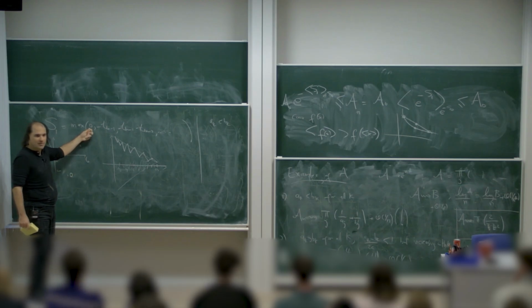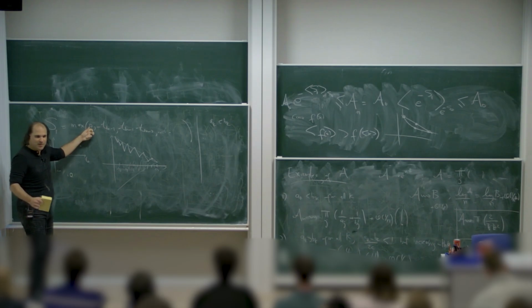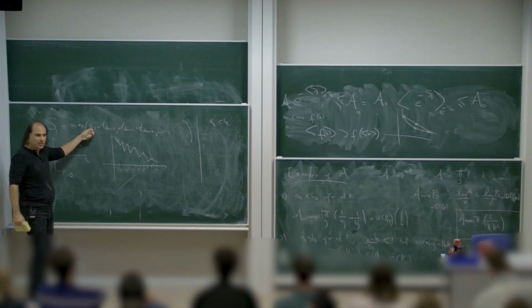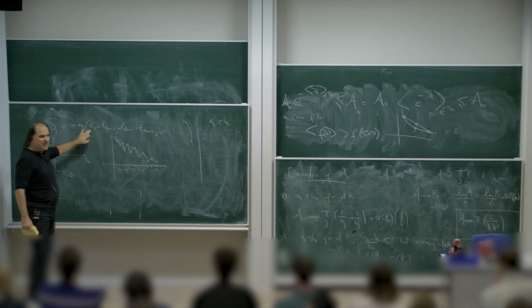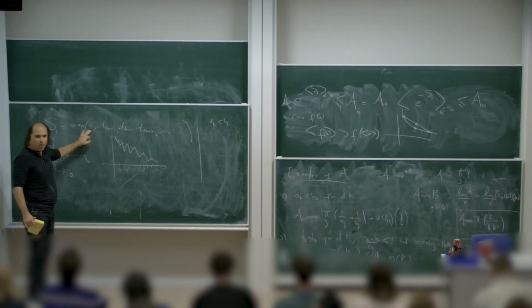This is why it matters whether AK is bigger or less than BK, because the sign of the drift of this random walk is going to matter. But when AK is smaller than all the BK, the max is dominated by 0. That means that at order n, the max is going to be order 0. It can't be order n. The max will be order 0.